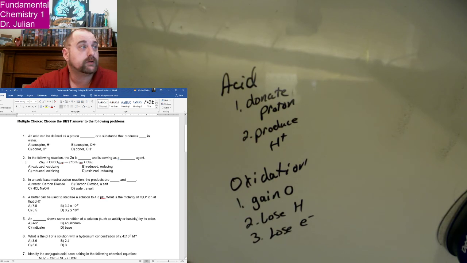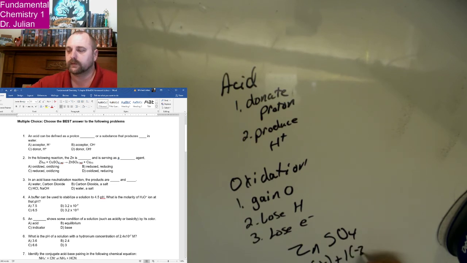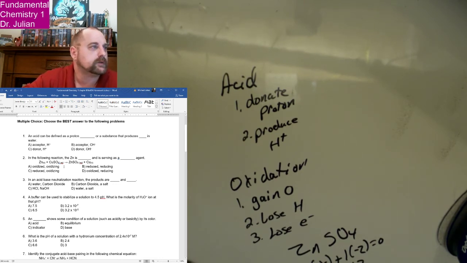That's good enough. I could say it went from a 0 charge to now it has, for ZnSO4, 1 times X plus 1 times -2 equals 0. X equals +2. It lost 2 electrons. So if it lost electrons, it was oxidized, or if it gained oxygen, it was oxidized.